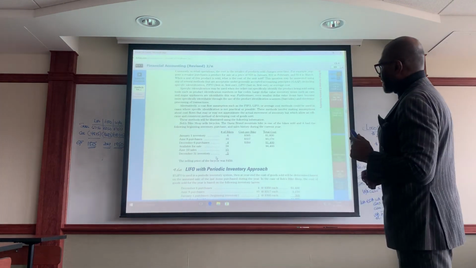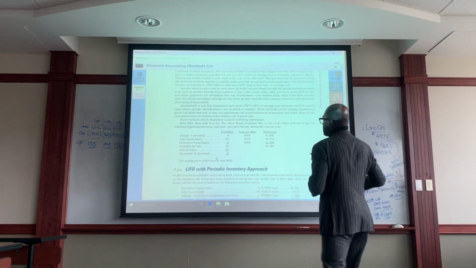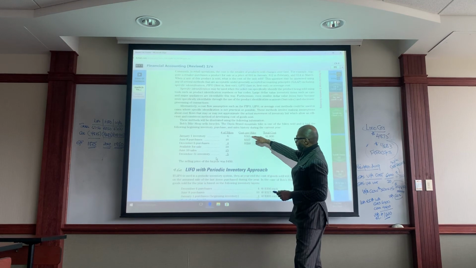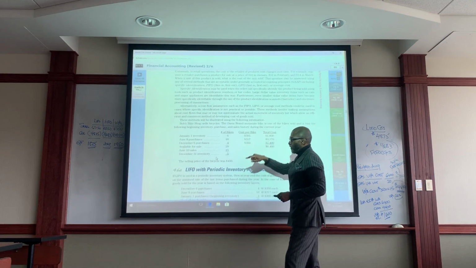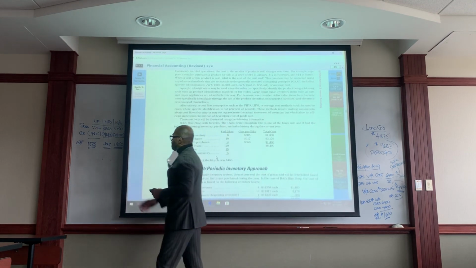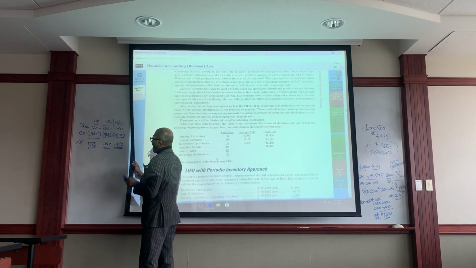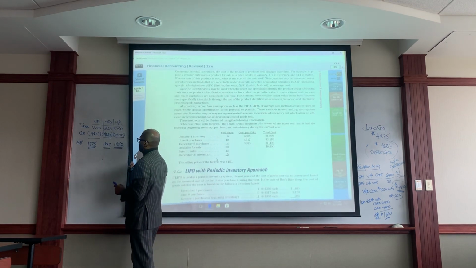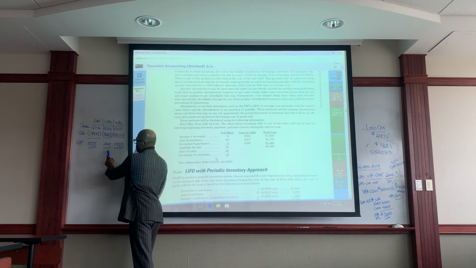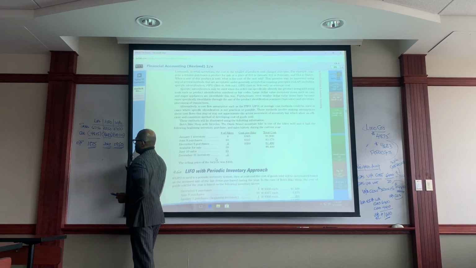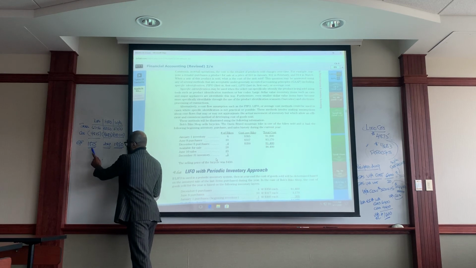And as you can see, as prices are rising, going from 305 to 317 to 350, which one of those methods gives us the higher gross profit? FIFO does. Which one gives us the lower gross profit? LIFO does.